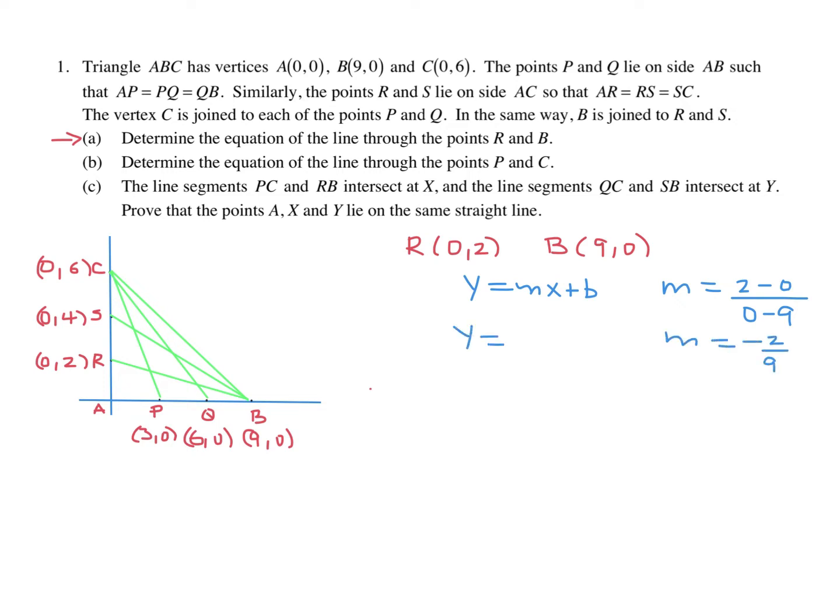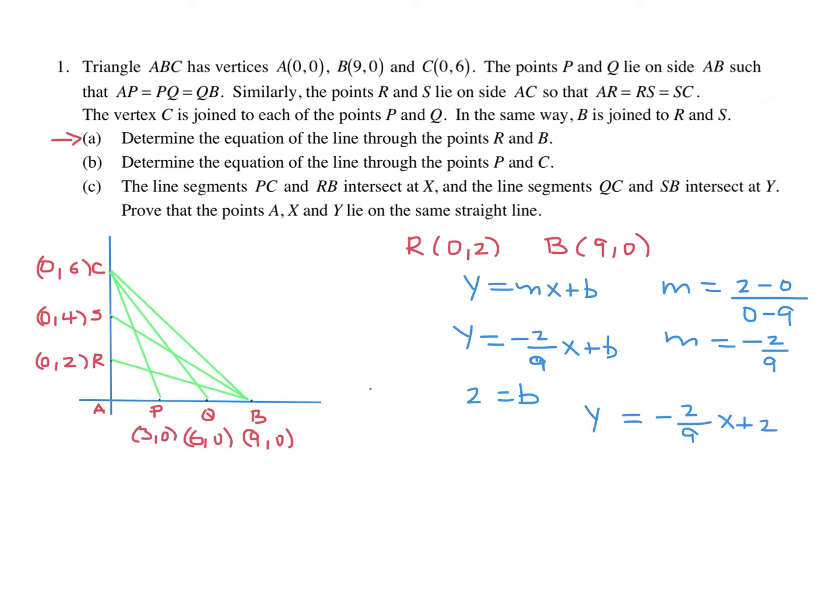Plug that in, and we can solve for b. Just substitute any of these points. I'll substitute this one, and when I do, it becomes 2 equals b. So therefore the equation is y equals minus 2 over 9 x plus 2.